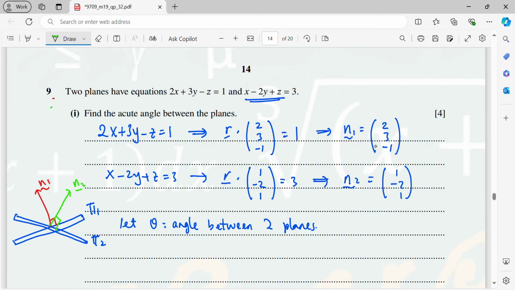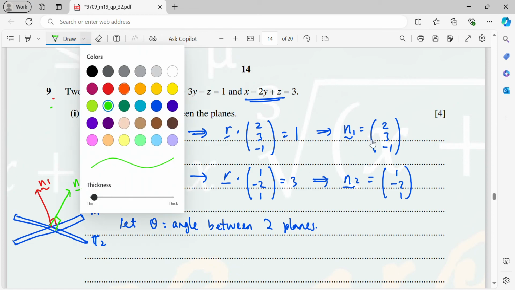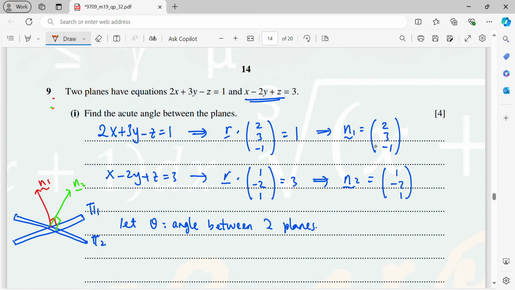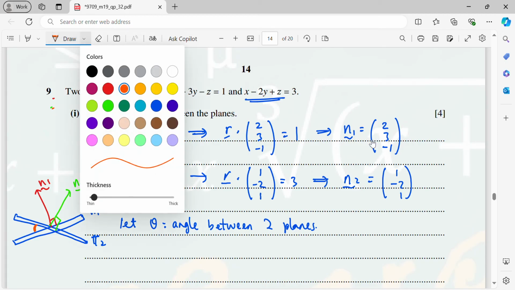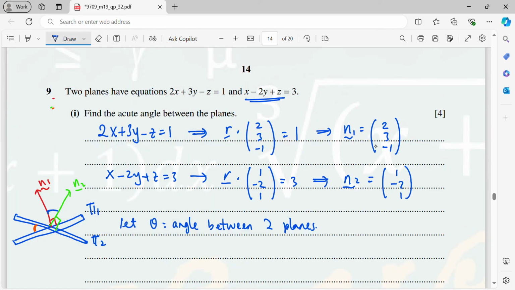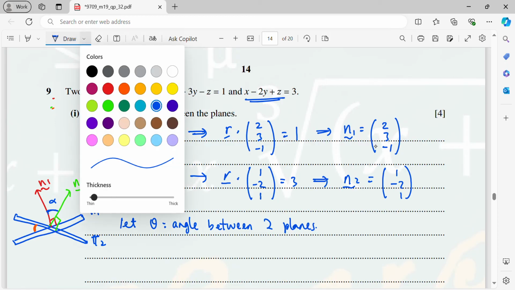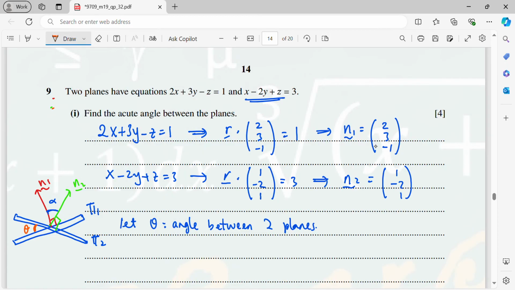So I'm finding the angle between two planes, which is here. Okay, but then I'm counting the n1 and n2 angle. I'm finding this alpha. Right? Basically from here you should understand that theta equals alpha, because we know that this is 90 degrees, here is 90.